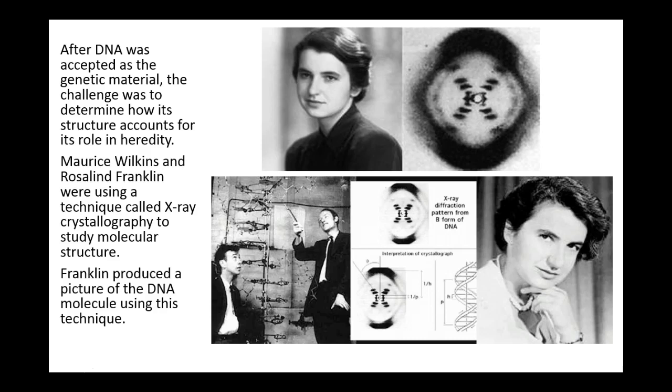It was a picture that I found that I thought was kind of cool to have another look at this image. You have this double helix, you have this binding in the middle, and the actual structure of what the DNA would look like. They produced a picture of the DNA molecule using the technique.